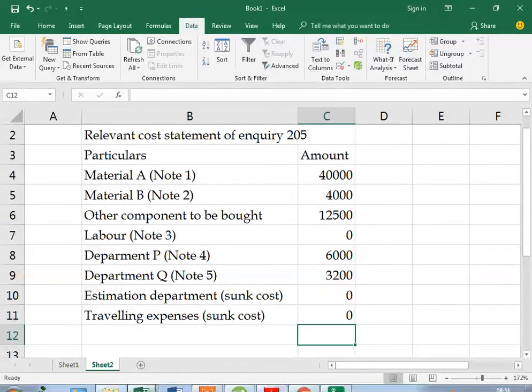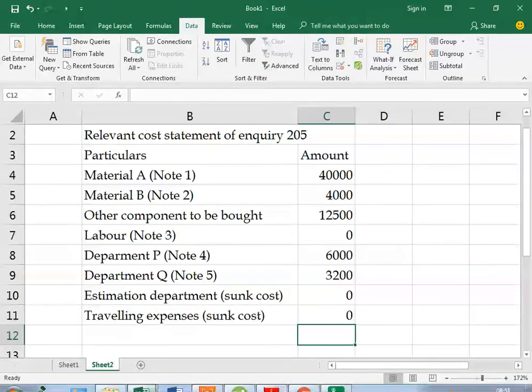Again it's a 0, because my plan has to be prepared before I give this quote. If I am giving this quote, the plan would have been prepared by me. Without preparing a plan, I cannot give a quote. I would have done my analysis and then come to this estimation. That's a normal understanding, unless the question tells you that planning will be done after taking up the contract. The question has to say that.